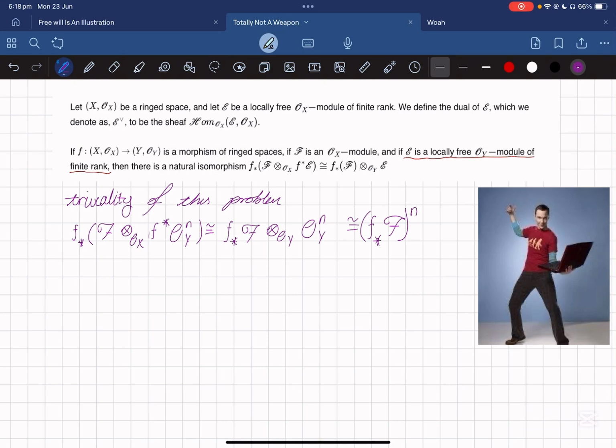And if you want to be fancy, you can write it as the direct sum, i equals 1 to n, of the push forward of F. And if you don't know the reason why it's isomorphic to the direct sum I wrote here, it's because n means n copies.